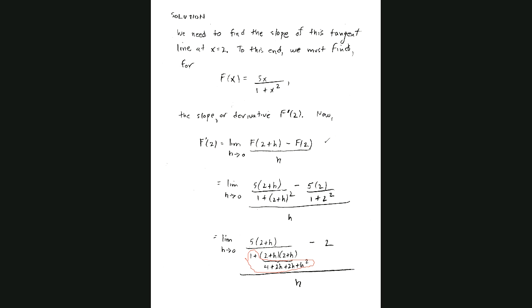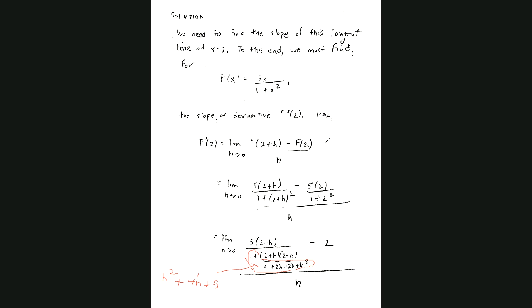When you simplify that, what are you going to get? You're going to get h squared plus something plus something. That's right, Ian. H squared plus 4h plus 5. And so that's what we're going to get in the denominator.